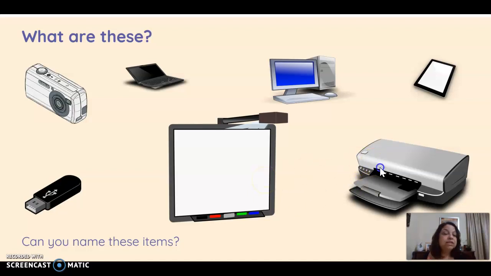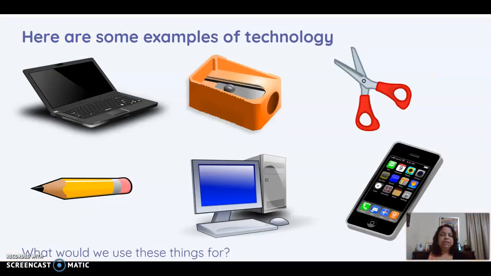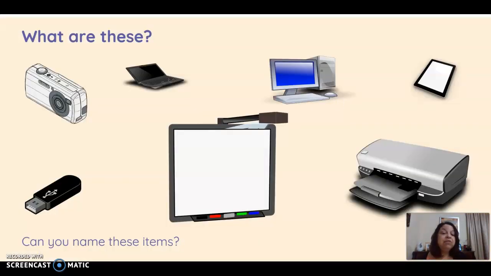So when things need to be connected to a kind of computer, they are called information technology. Now, like when we say a pencil is technology and a pencil sharpener technology, scissors technology, but they are not information technology like a printer or a tablet or a USB drive.